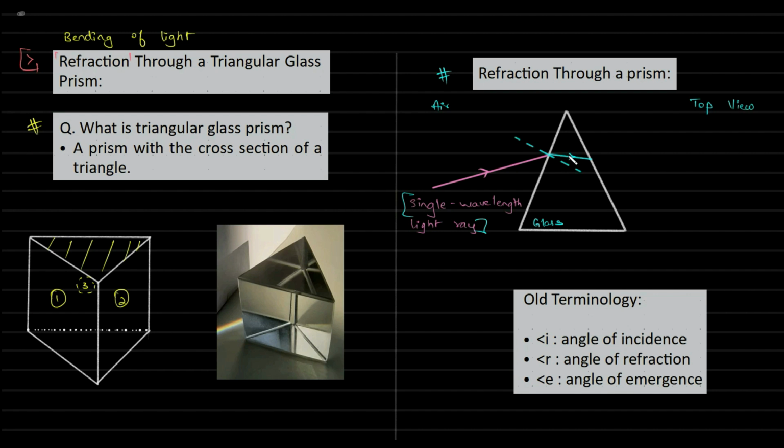It is optically denser. And again at this point we need to draw a normal. And what happens over here? It will bend away from the normal. All this reason and everything you guys know. So again, this is a single wavelength light ray, that is single colored light ray.